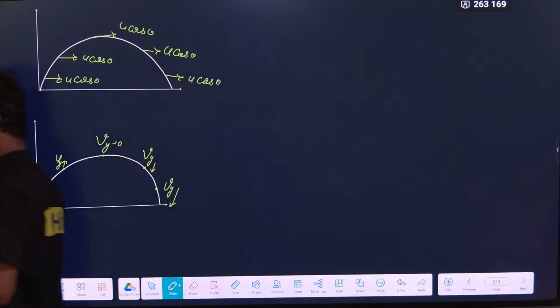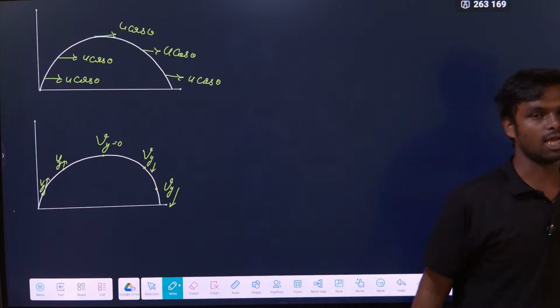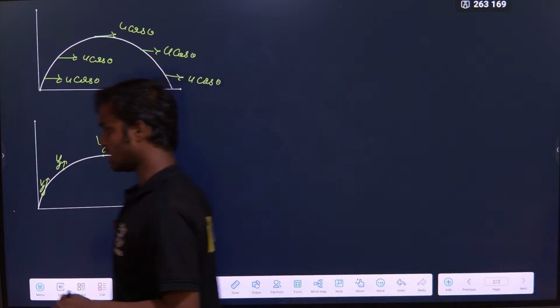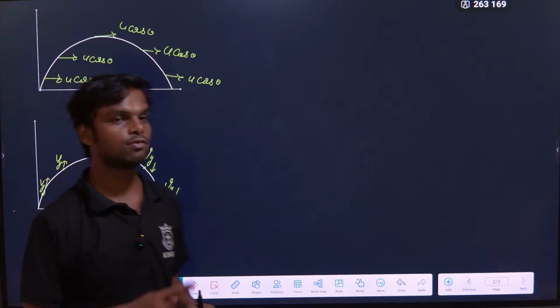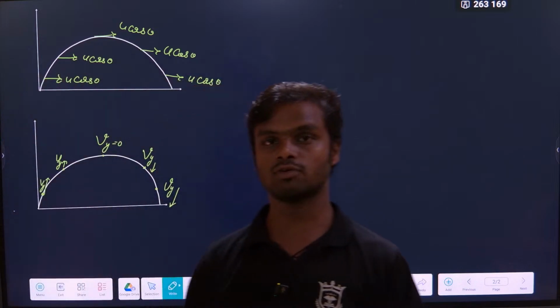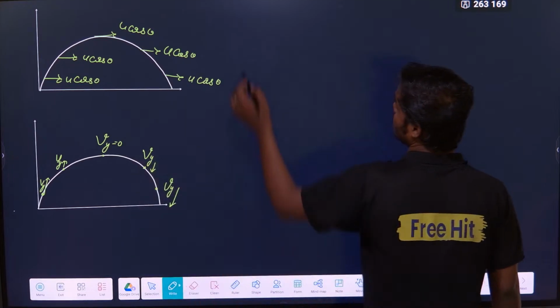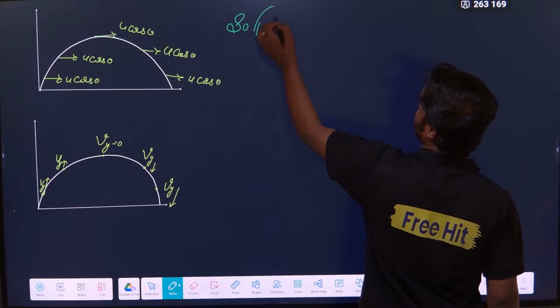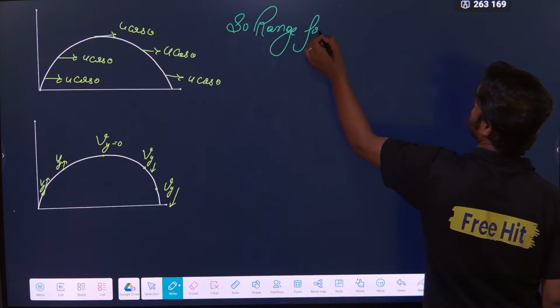One more thing, the range for complementary angles will be the same. Means what I am trying to say, suppose the range for 60 degree, the same range you will get for 30 degree.